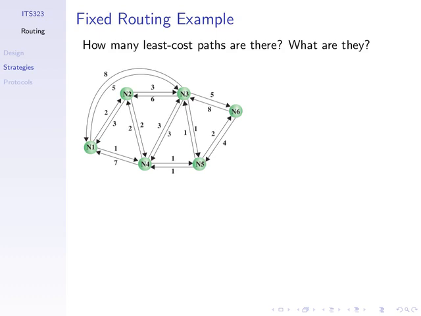But that's not true. The path from N1 to N3 goes via N1 to N4, which implies the lowest cost path from N1 to N4 is direct from N1 to N4. There cannot be a path from N1 to N4 that is less than the direct connection.